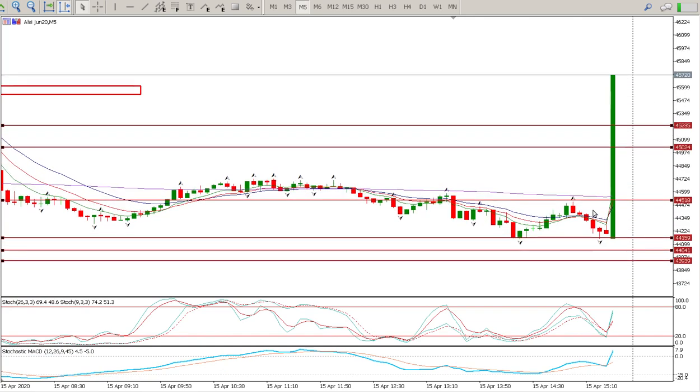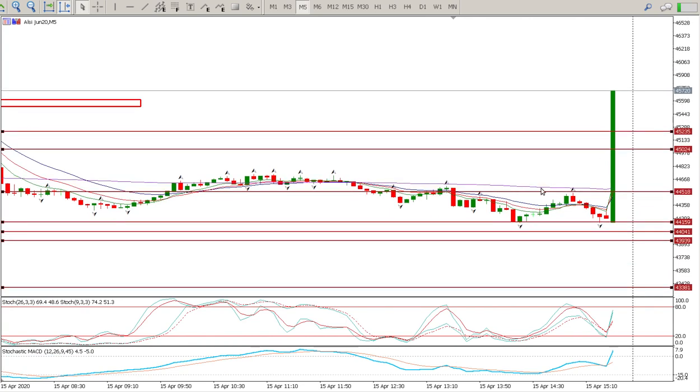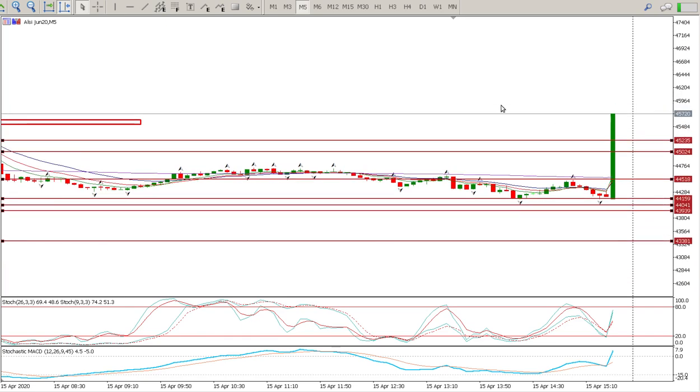Definitely looking for continuation to the downside, looking for shorts. Even if we do break above this fractal of 44,518, I'll look at the Fibonacci retracement levels, the 61.8 and the 50% retracement levels, and look for an opportunity to get short up there. But if we do break below, I'm going to take it as a continuation on that big red daily bar.